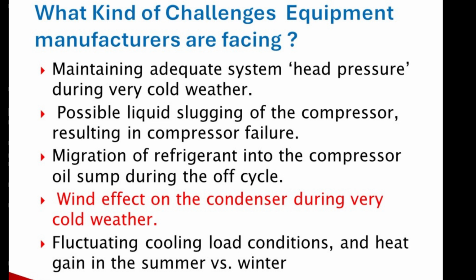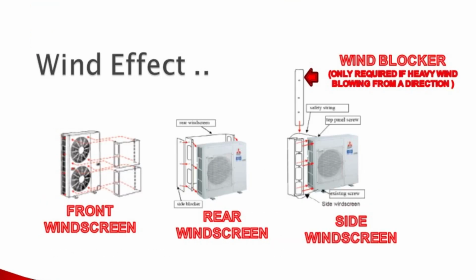4. Mitigating wind effects. To counteract the impact of wind on the condenser, especially during cold weather, Mitsubishi Electric provides windscreens designed to block the wind while allowing adequate airflow. These windscreens include fan coil and side sets, along with a blocker plate to account for prevailing winds. They are designed to ensure no performance derating occurs during summer months and are pre-drilled and painted to match the unit for a factory fit appearance.